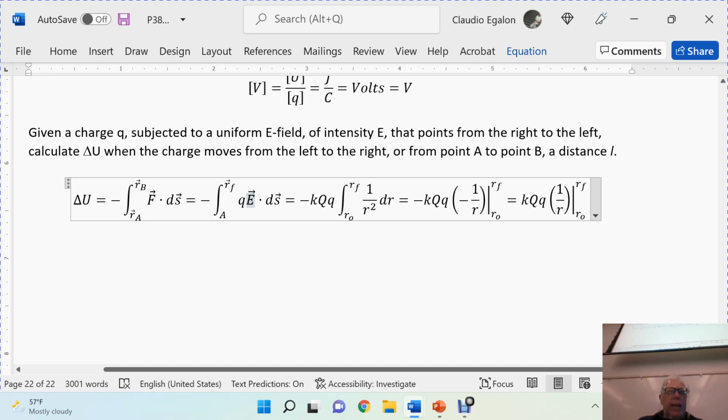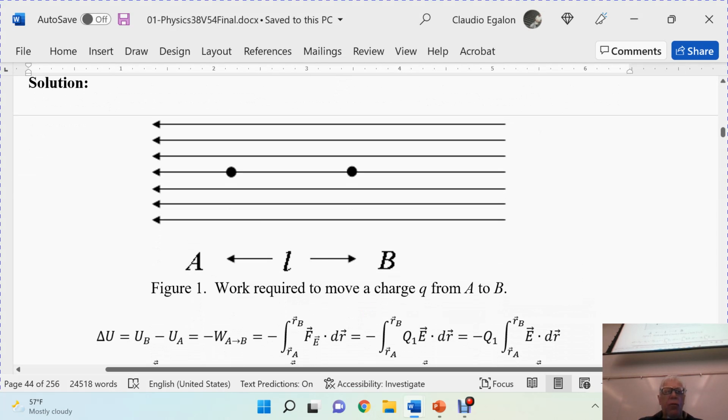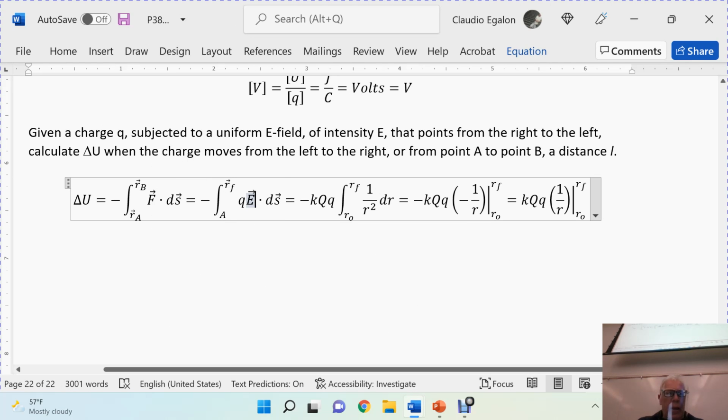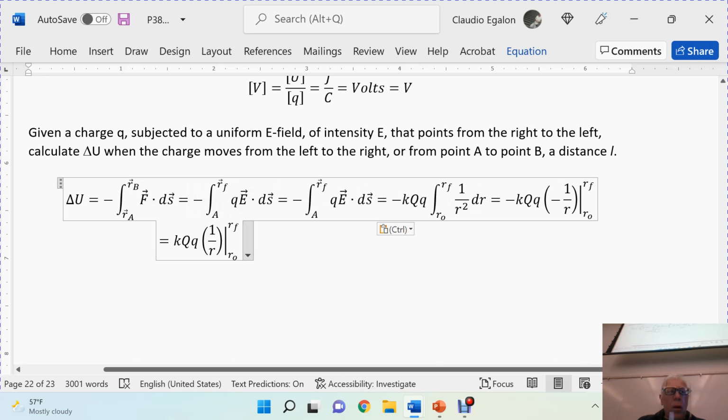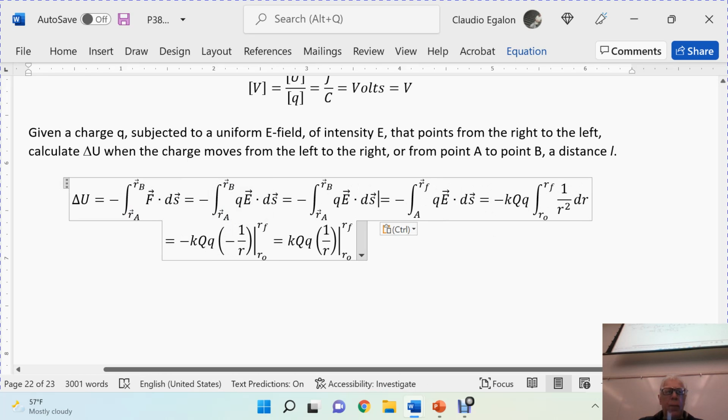But E is in the negative x direction. So let's say positive x direction is from the left to the right. E is pointing in the negative x direction. And that's what I'm going to write down here. But first, gotta get this and this. Okay, now I can copy it. Right? I can get Q outside the integral.